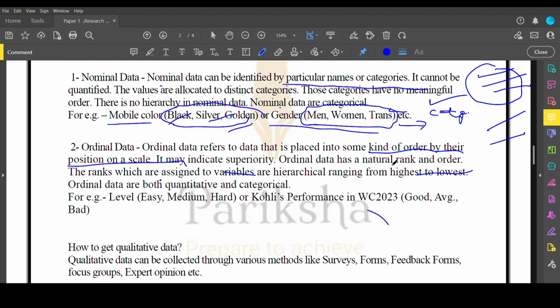Ordinal data has a natural rank and order. The rank that has been given is natural; you don't set it by yourself. It is already assigned or already known to people, and you don't have to tell them that good is better than average. It is already given.